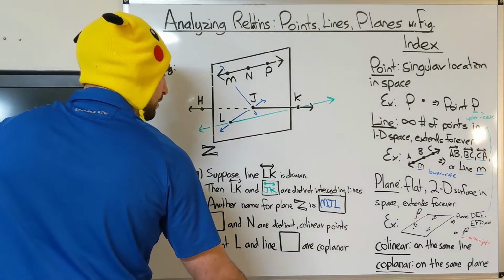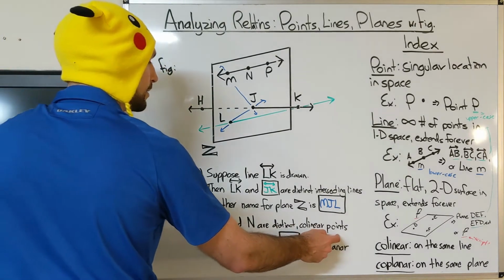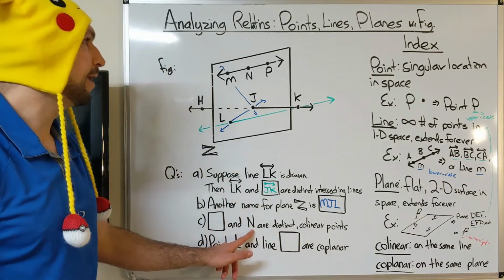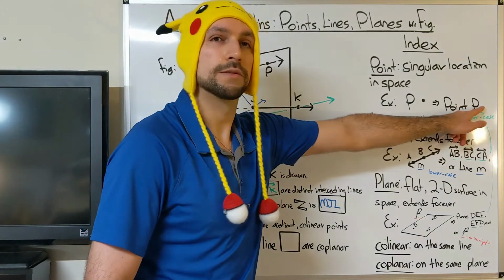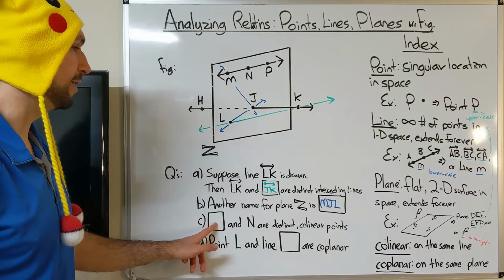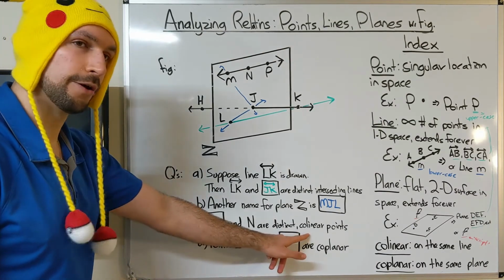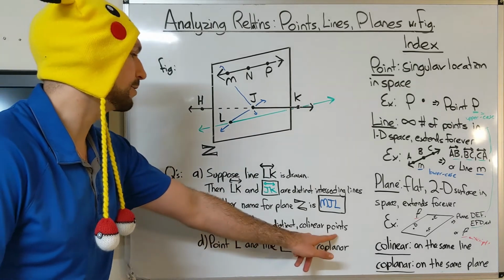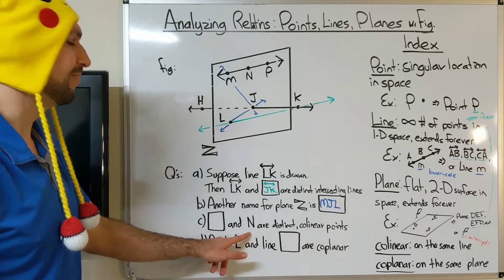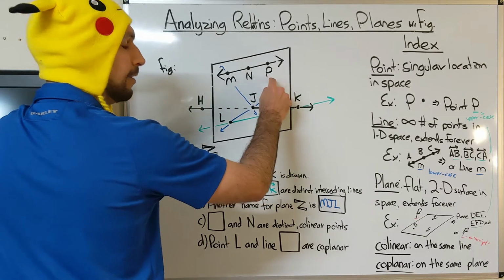Next, we could be asked, something and N are distinct collinear points. Well, we just see an uppercase letter here, N. That is how we name points, with just their uppercase letter. So this gives us a hint that this needs to be a point. We want them to be distinct, so they can't be the same. Collinear means they have to lie on the same line. So we need a point that's on the same line as N that isn't N. If we look up here, I can see a lot of points on this line.